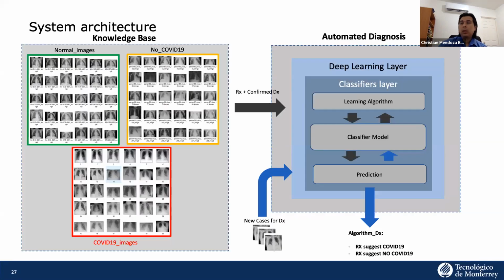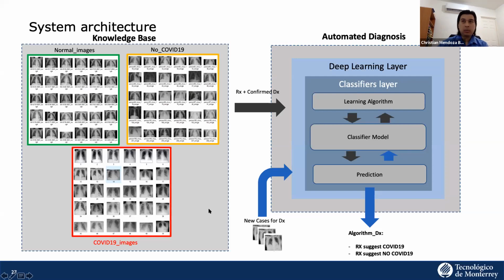And what we did in this project was something like that. Remember, this is just an academic project. We are still not doing this for deployment in hospitals. The idea is that we started with a collection of X-ray images.